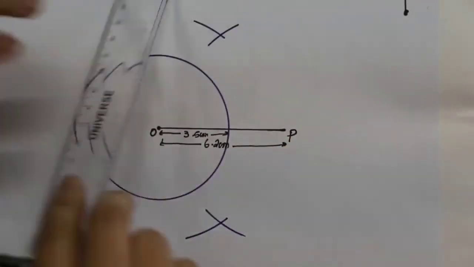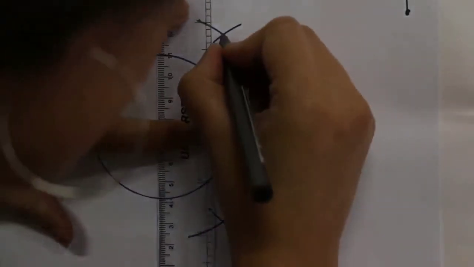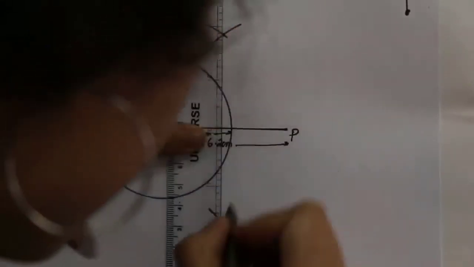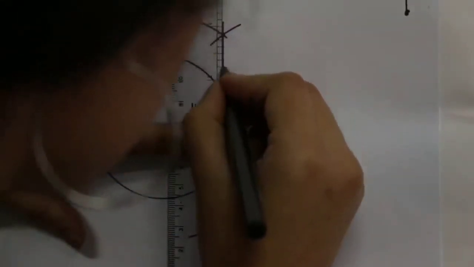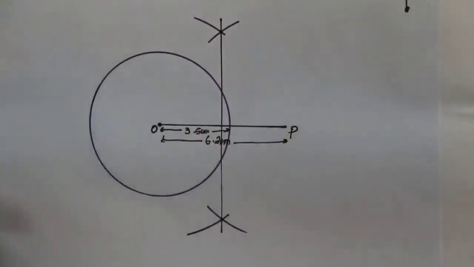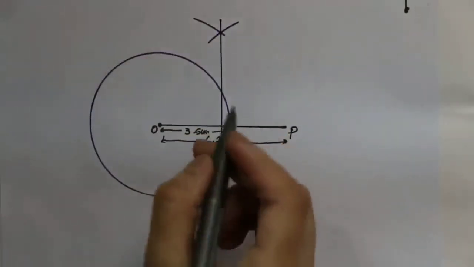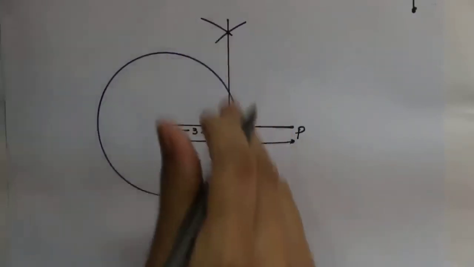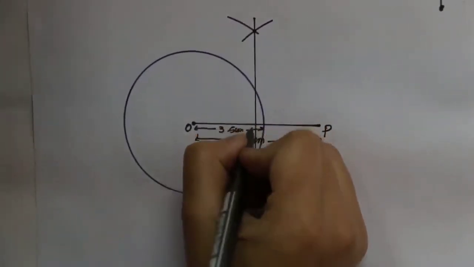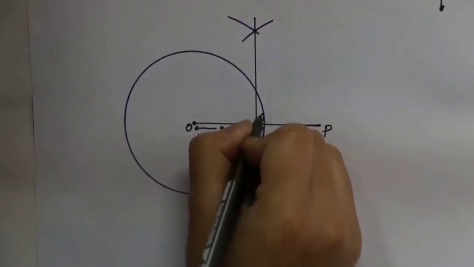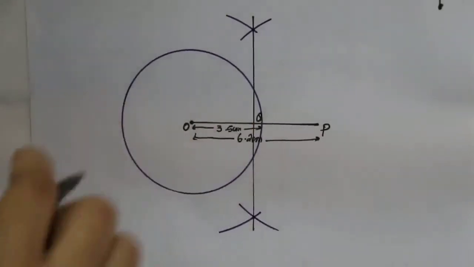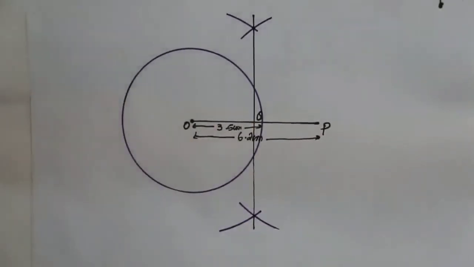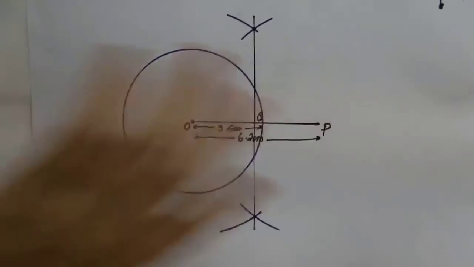Join them. The intersection point will be the midpoint. Call this one Q. So Q is the midpoint of PO.